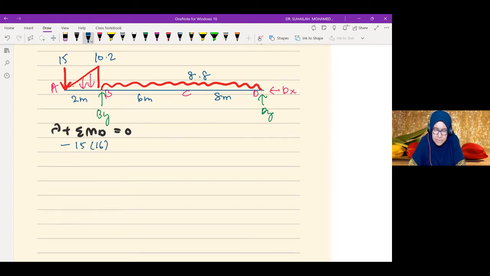For the triangular load, the area is 0.5 times 2 times 10.2.